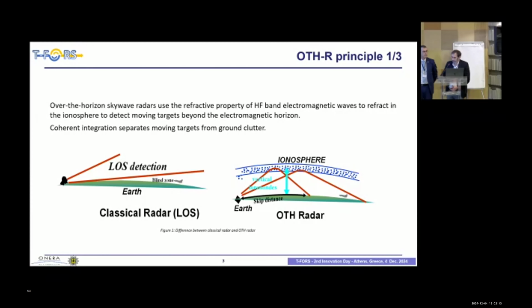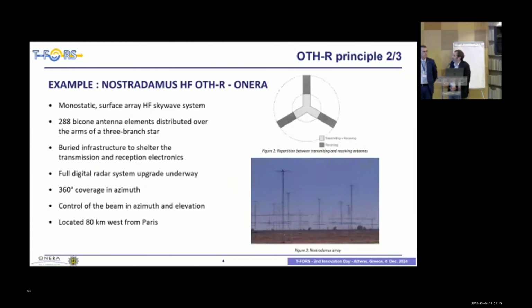In terms of systems, during the T-FORS study, we use an OTH radar, so not really as an OTH radar. We use it more as a beacon. And we use the one designed by ONERA, so it's not an operational system. It's only for study and to support system assessment.